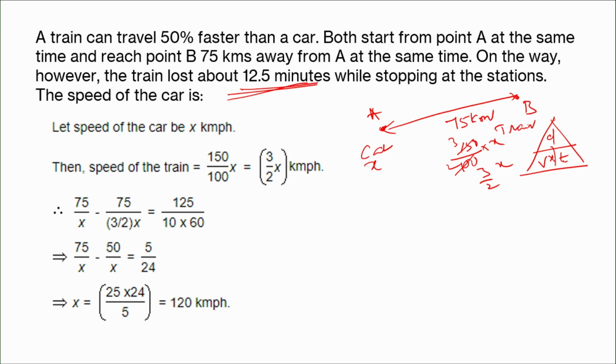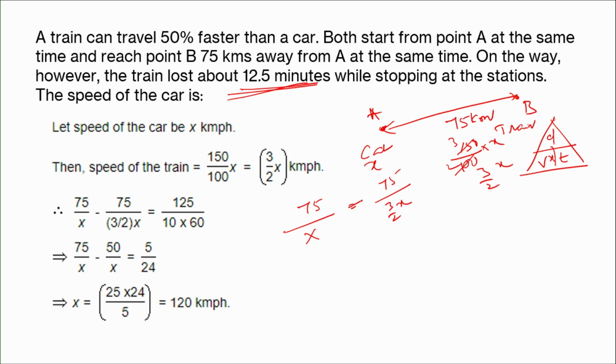So, the difference between the two is 12.5 minutes. The first one, 75 distance by speed for the car, is 75/x. This is the time taken to cover from A to B. For the train it is 75, distance is the same, and the speed is 3/2x.